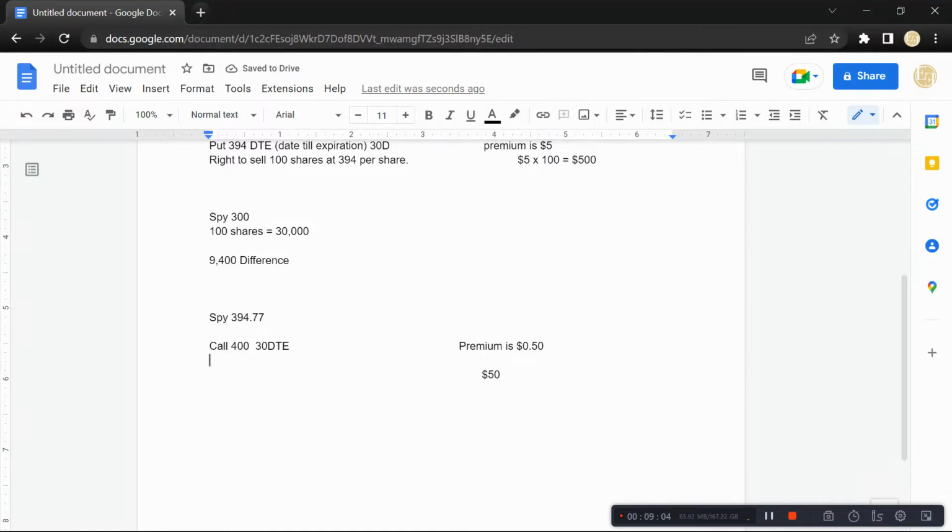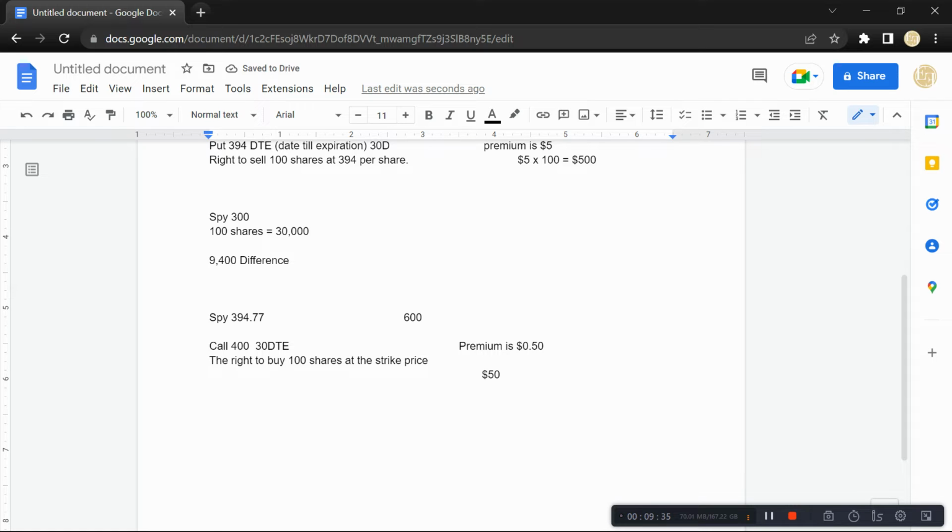Now, a call is the right to buy 100 shares at the strike price. And the strike price is $400. So I get 30 days to buy 100 shares at $400. And all it's going to cost me is $50 up front. So let's say the SPY, instead of $394, goes all the way to $600, right?